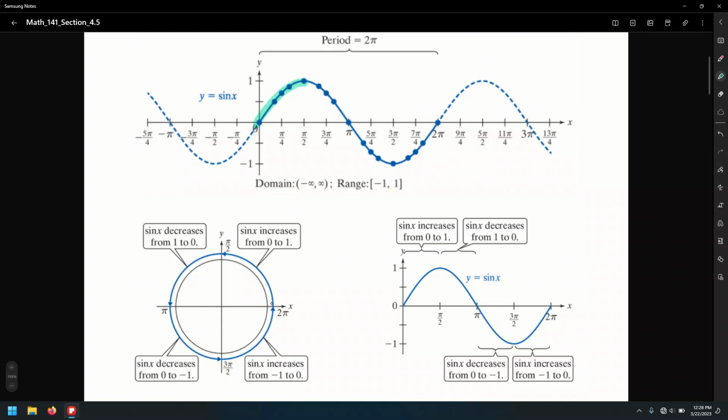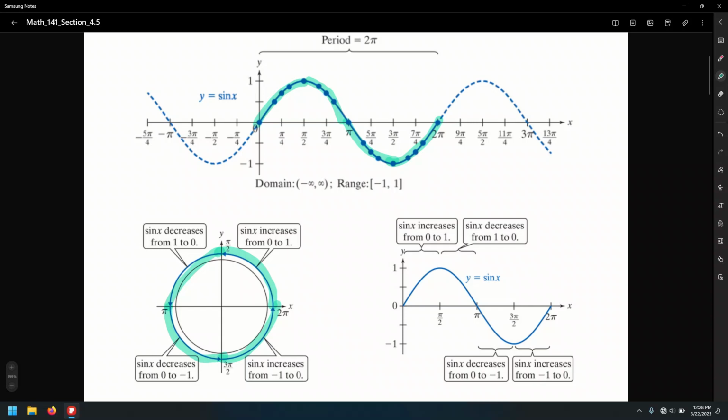It goes up, increases between 0 and pi over 2, and then decreases between pi over 2 and pi. That's a decrease, and then keeps decreasing between pi and 3 pi over 2, and finally increases again between 3 pi over 2 and 2 pi. So if we were to relate these points, the zeros, the maximum and the minimum, they just go around the circle. That's why we call them circular functions.